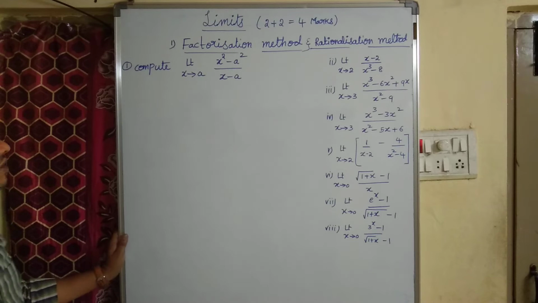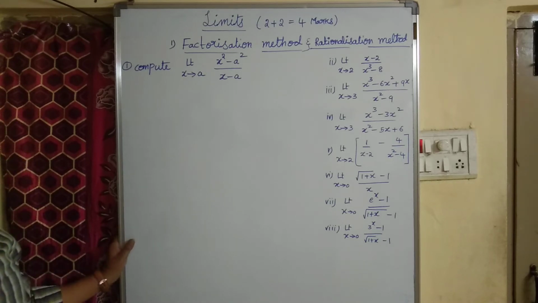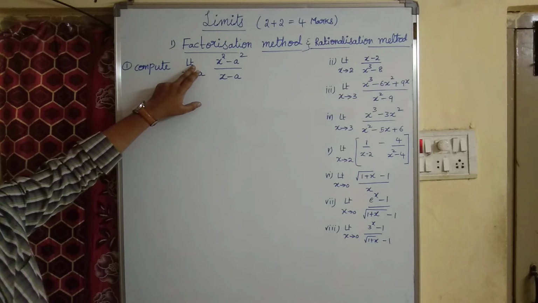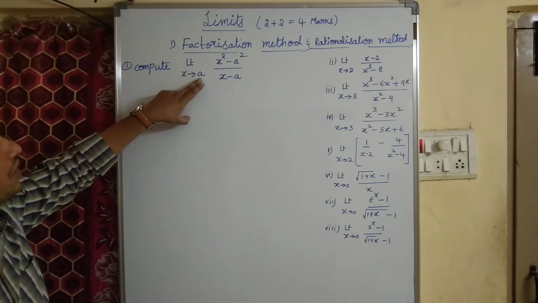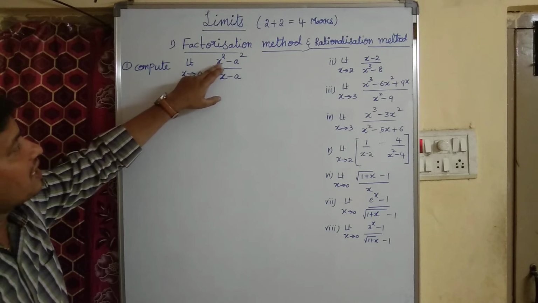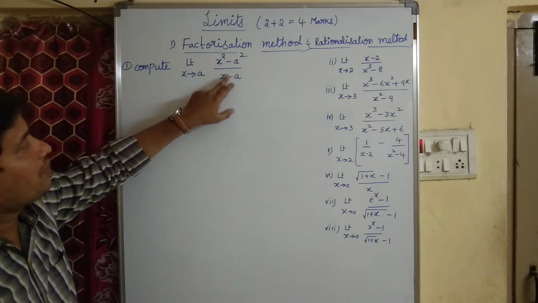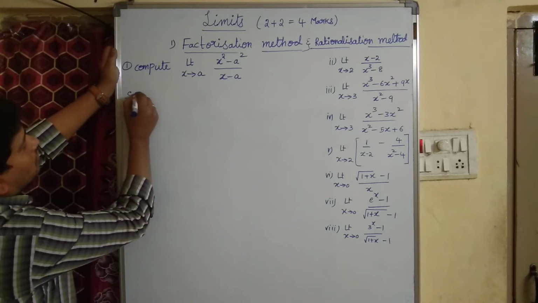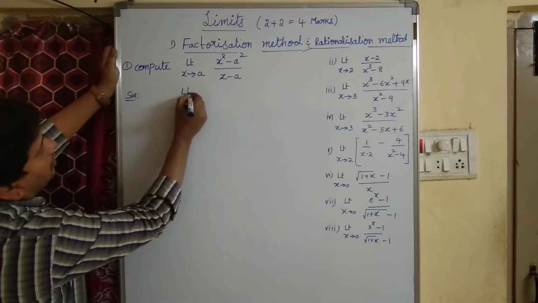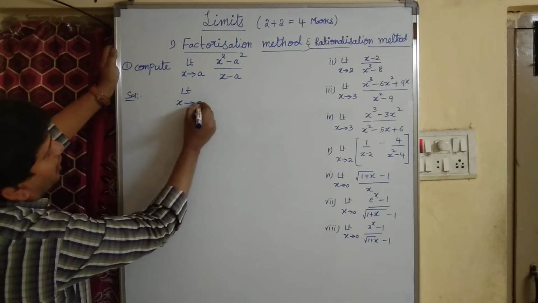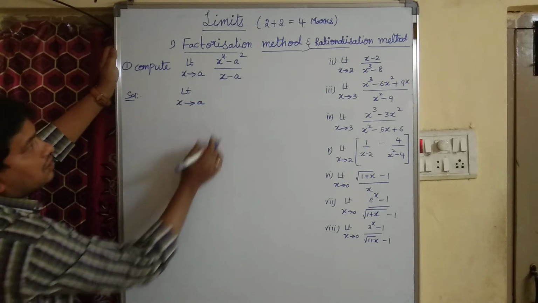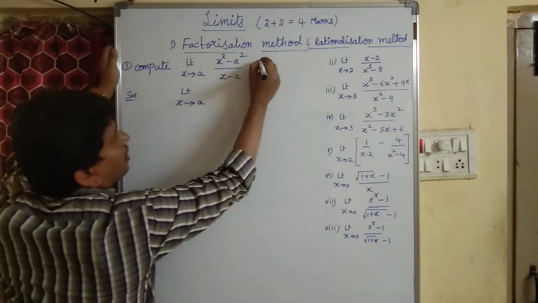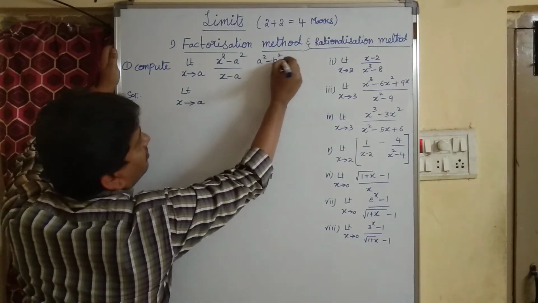Coming to problem number 1, compute limit, LT stands for limit, L-I-M-I-T, as x tends to a, of (x square minus a square) divided by (x minus a). If you observe, the numerator is in the form of a square minus b square.